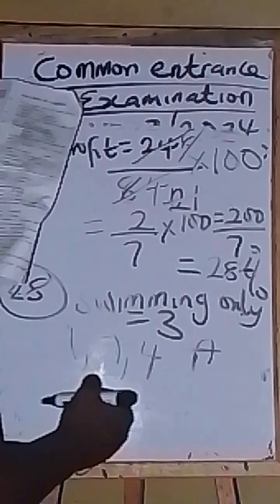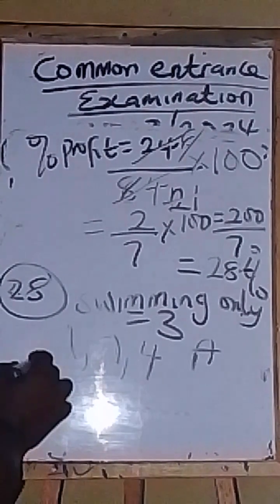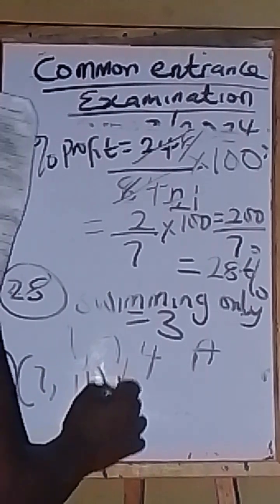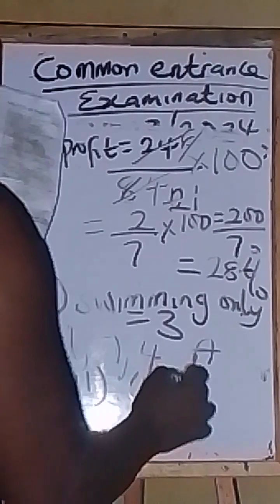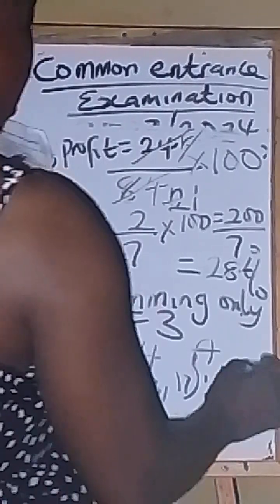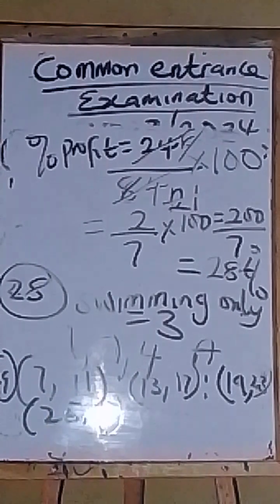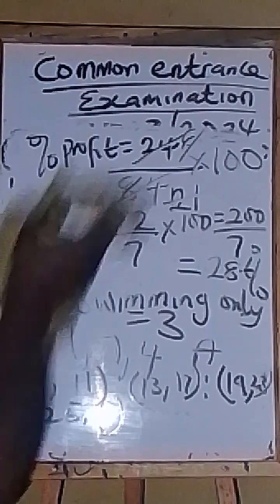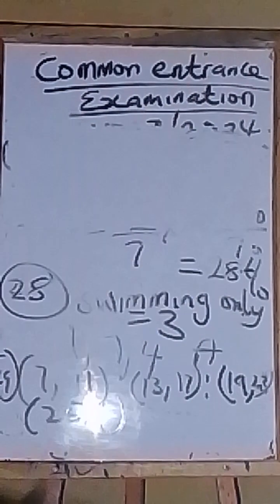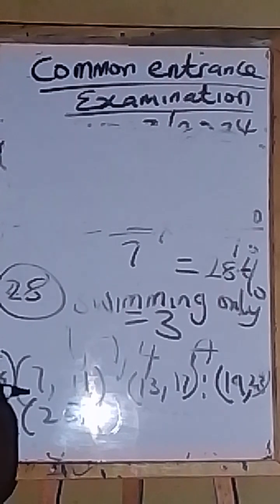The next question, we have to study the pairs of numbers. So we have question 29: 7, 11, 13, 17, 19, 23, 25, C. And in this question, you just subtract and check the difference.